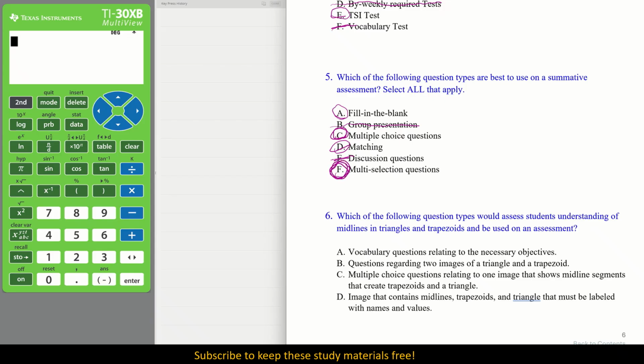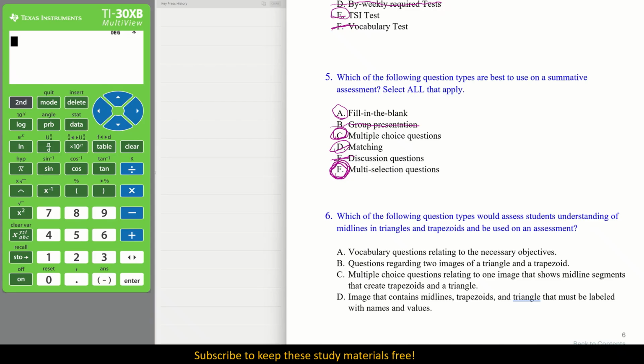Now, let's look at number 6. Which of the following question types would assess students' understanding of midlines in triangles and trapezoids and be best used as an assessment? Man, that is a loaded question. First off, you're talking about midlines and the rules for midlines, okay? And I'm going to look at A. I disagree with vocabulary.